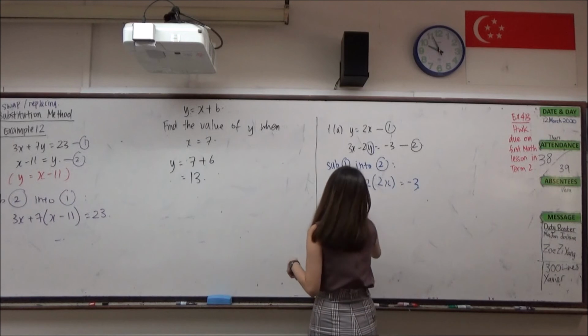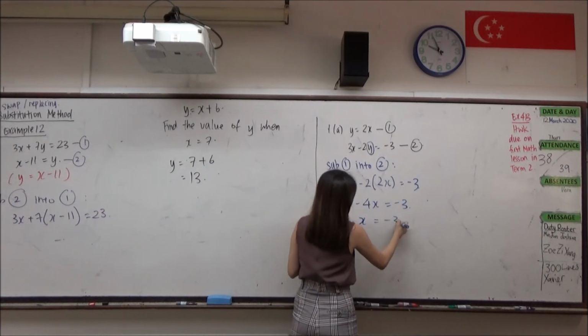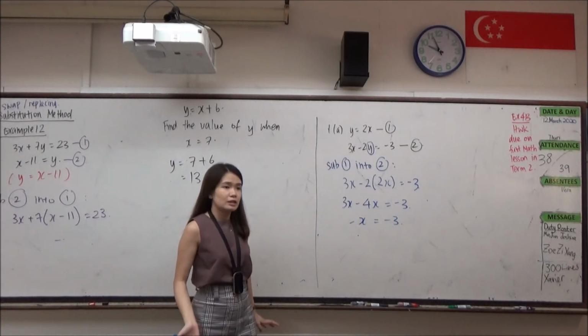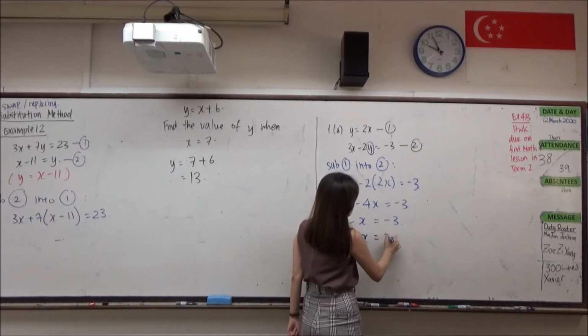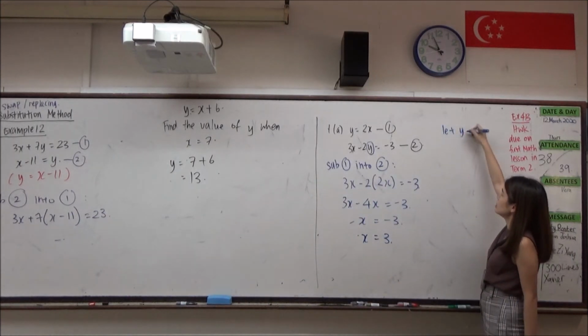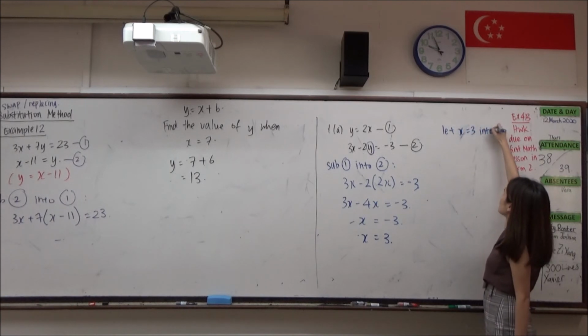Then after that, we find that negative x equals negative 3. Do we stop here? We need to find x, so x equals 3. Then we still need to find y. So we let x equals 3 into 1.